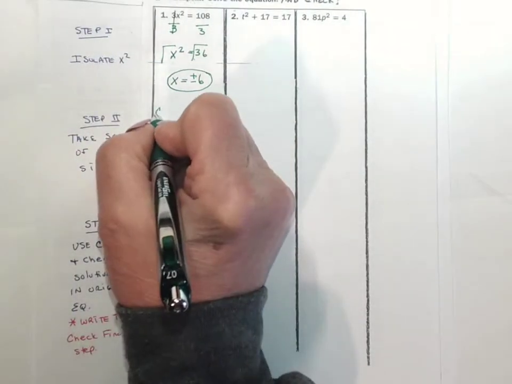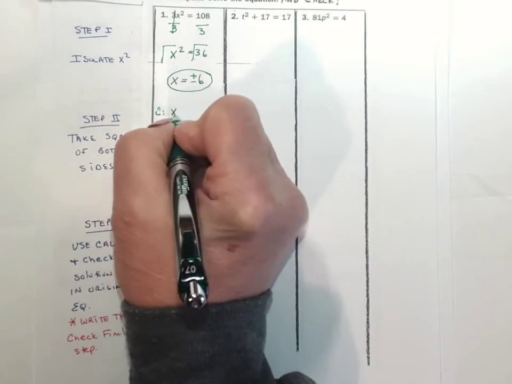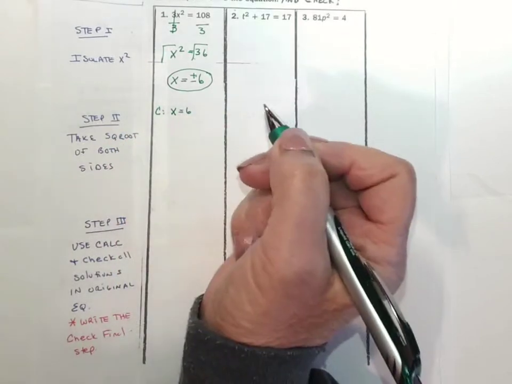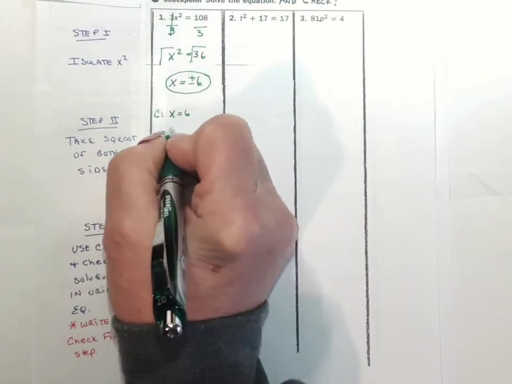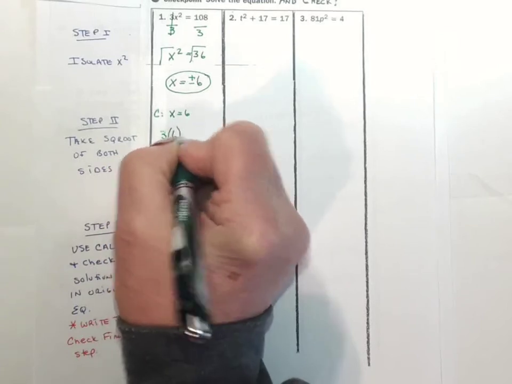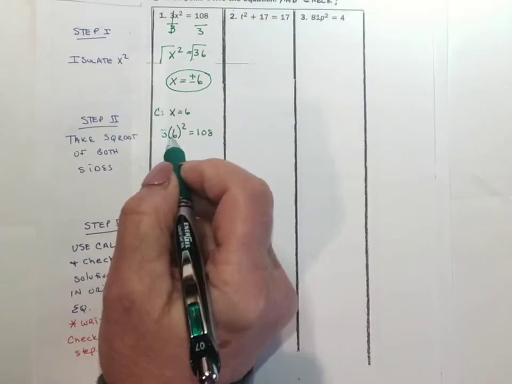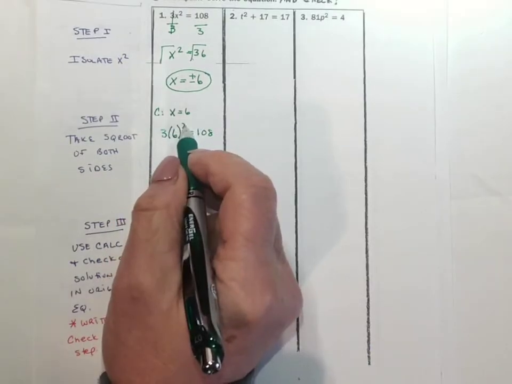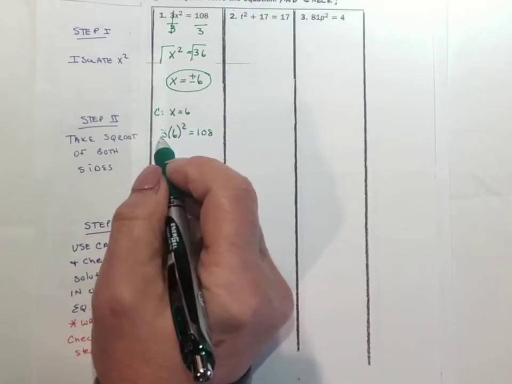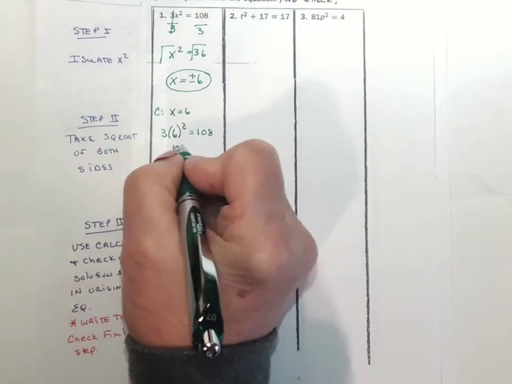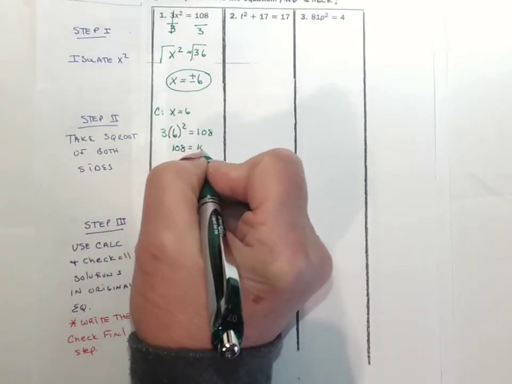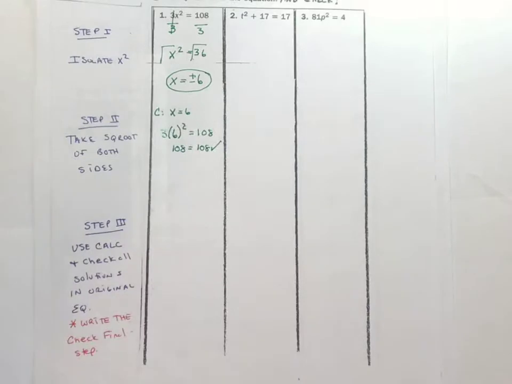So, if I check x equals 6, I'm going to get 3 times 6 squared equals 108. 6 squared is 36 times 3. 108 equals 108. And it checks.